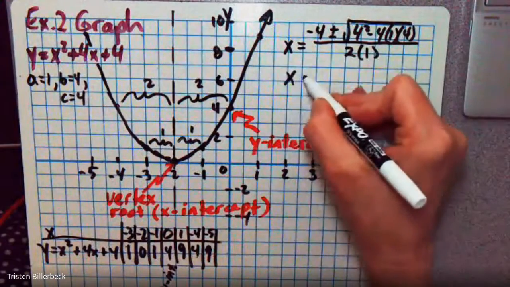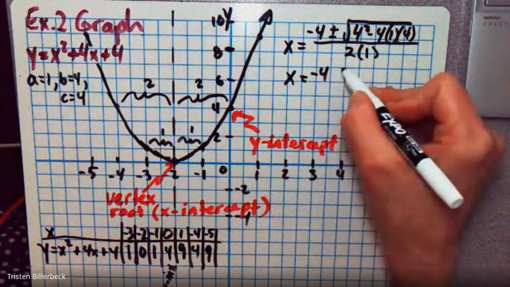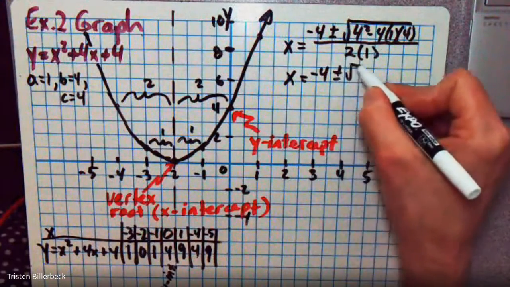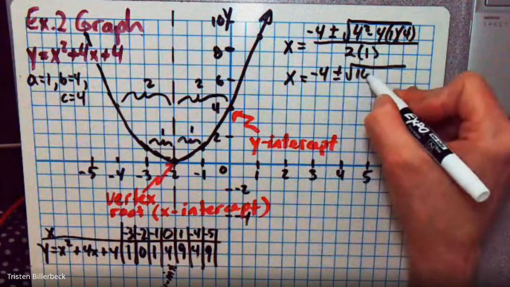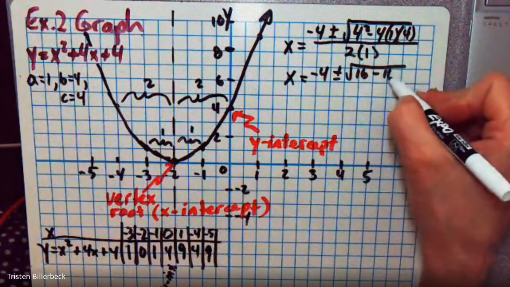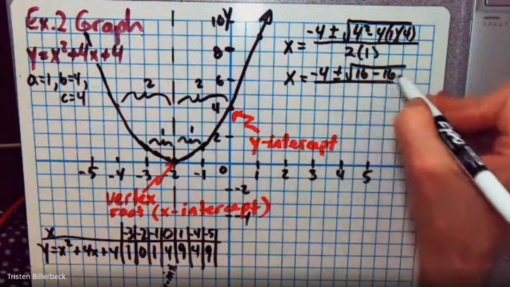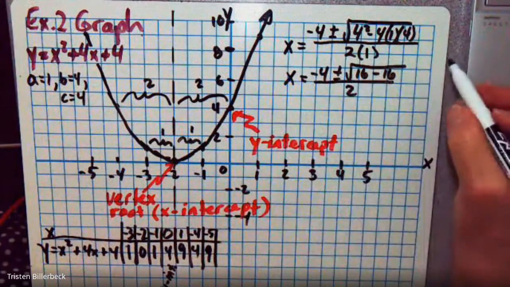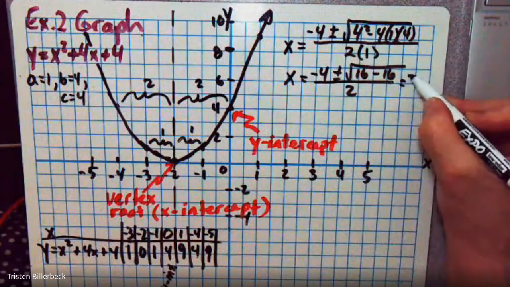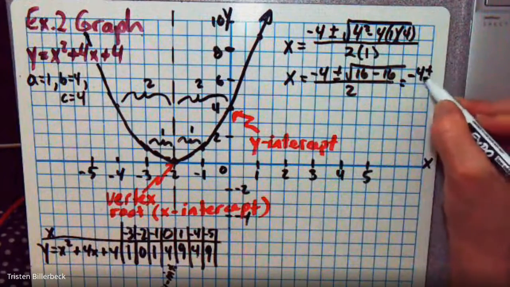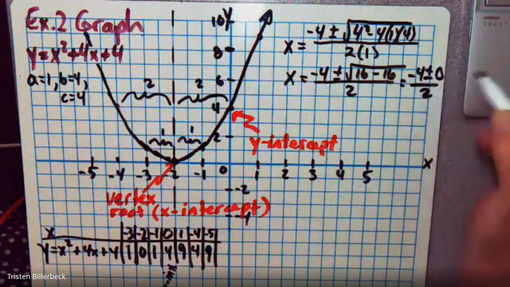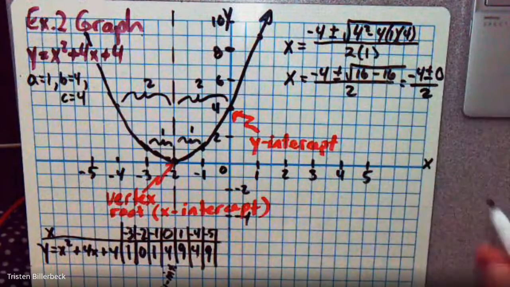Okay, so we have x equals -4 plus or minus the square root of 16 minus 16 over 2. So this becomes -4 plus or minus 0 over 2, because the square root of 0 is just 0.